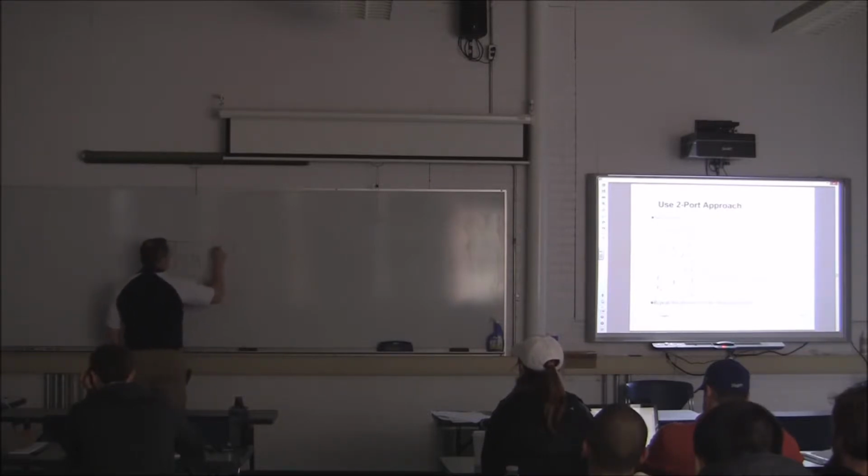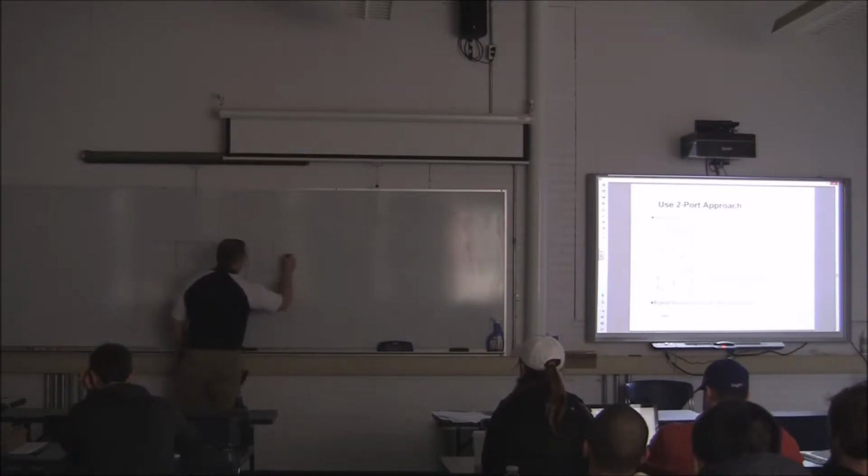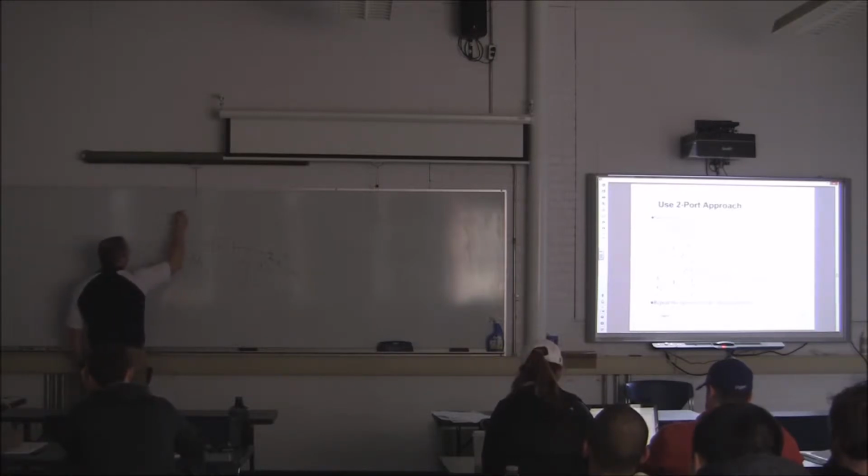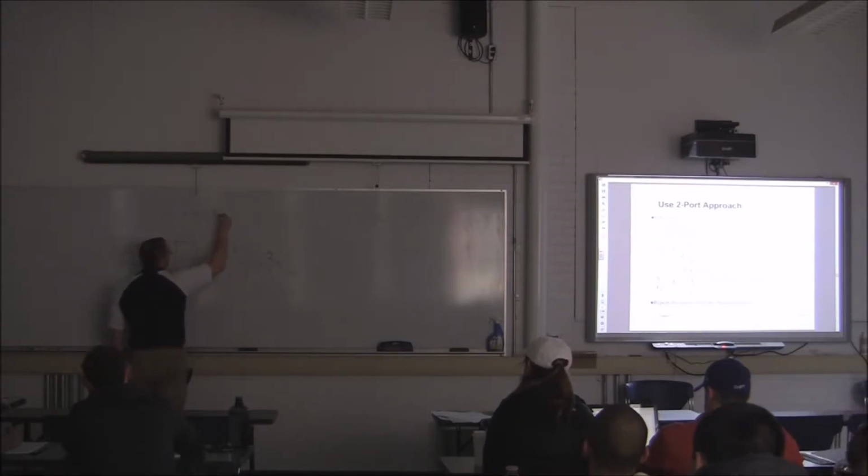This is Z prime. Y prime over 2, I'm sorry, not y. This is VR, IR, VS, and IS. And if you remember, it's VS equals A VR, plus B IR.